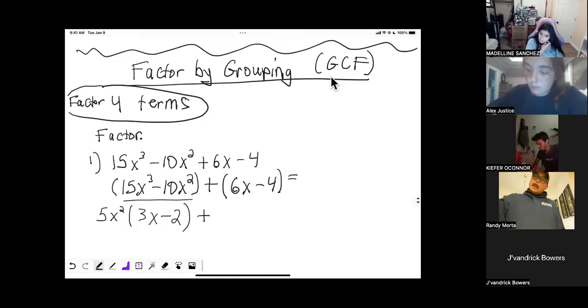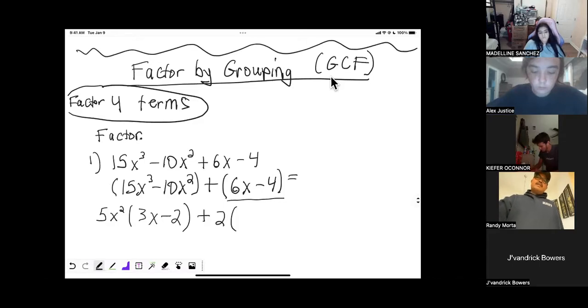Plus, now we concentrate on the second parentheses. What is the biggest number I can divide 6 and 4 by? That would be 2. By the way, why can't I take an x out? Because 4 does not have an x.